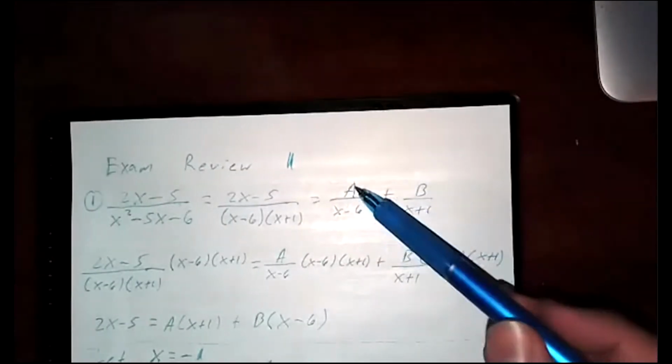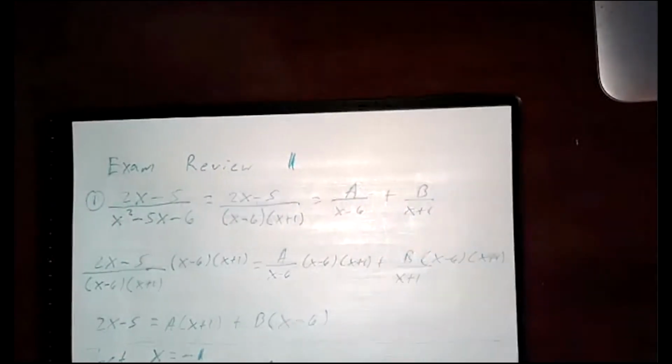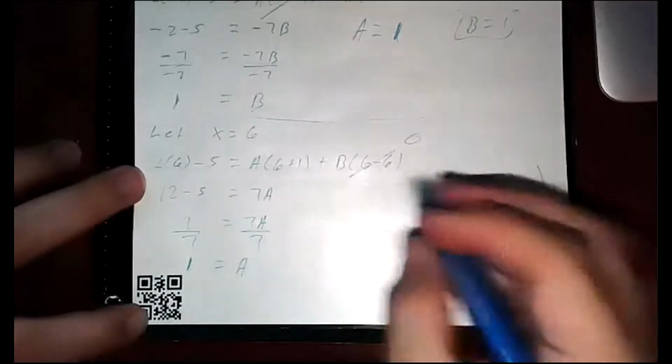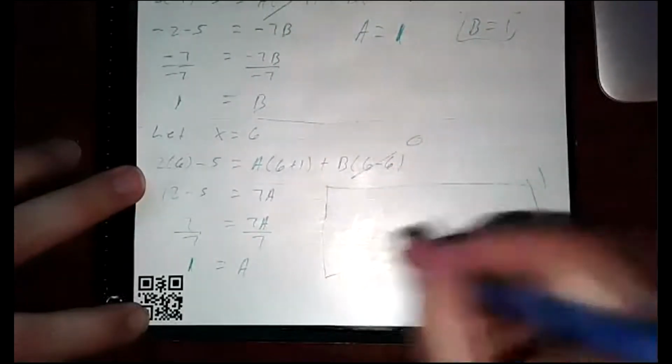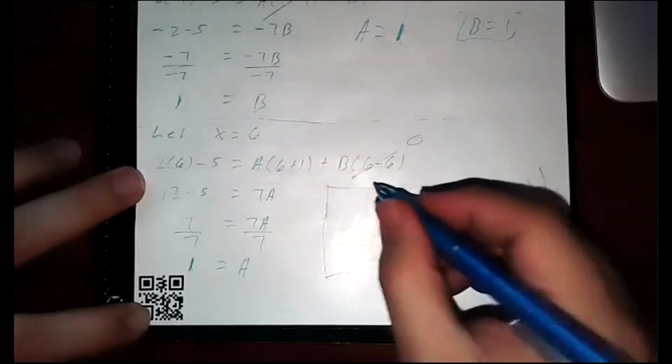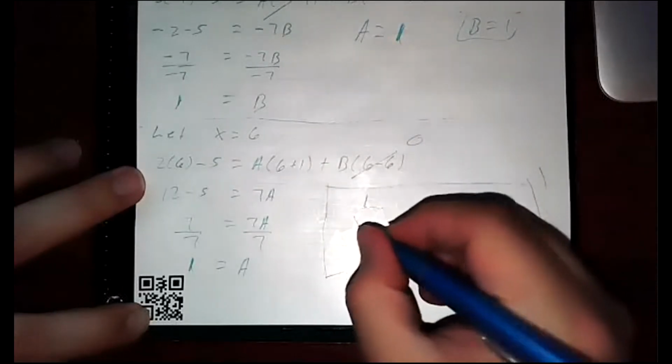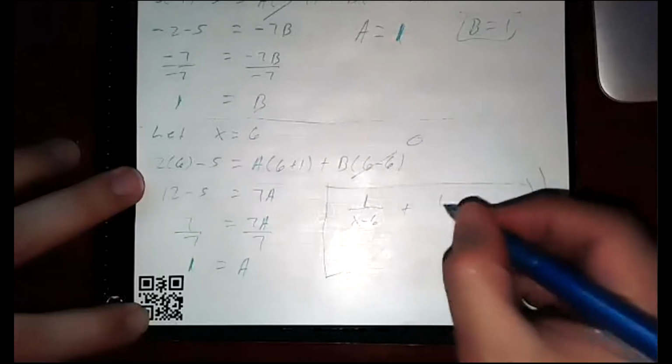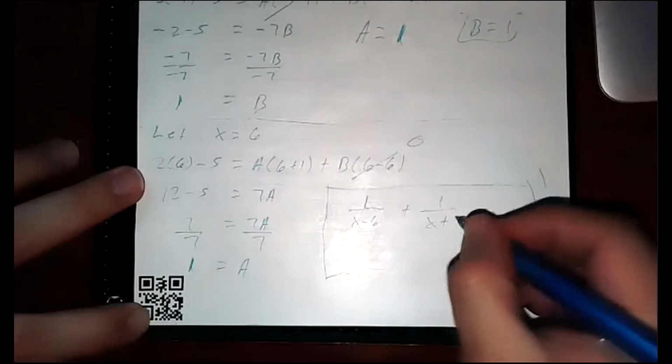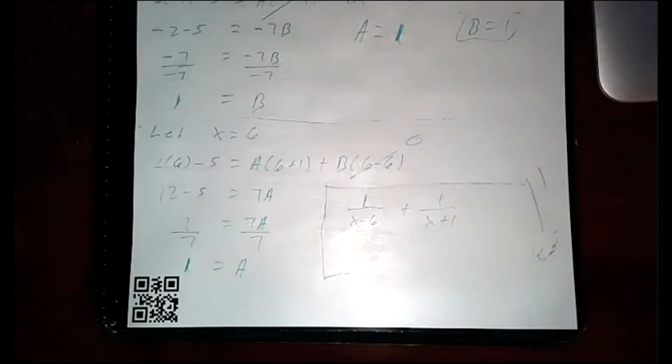So now all you do is go back to the very beginning and put a 1 for the A and the 1 for the B, and that's what you get. Okay, so the answer will be, I'm going to put the answer right here in this little box, assuming I can write 1 over x minus 6 plus 1 over x plus 1. And that's what they have here. Let me show you. Right.